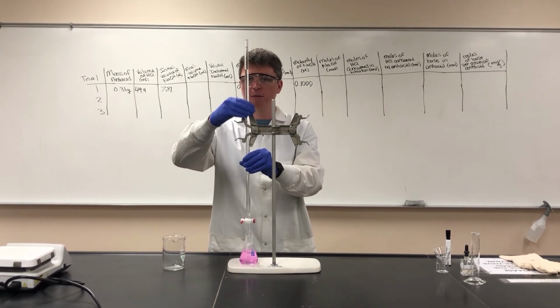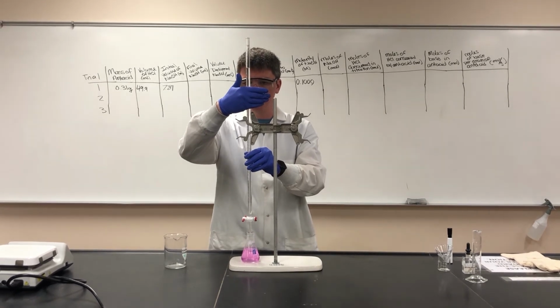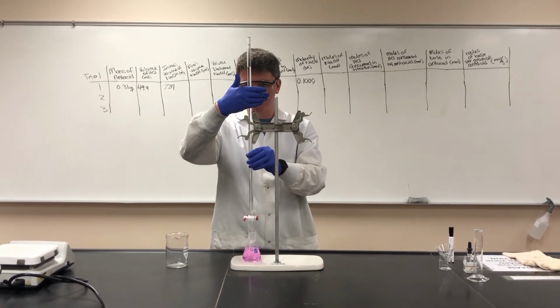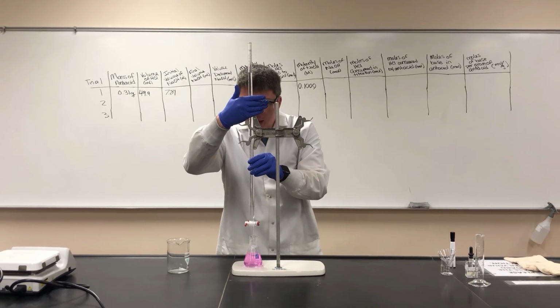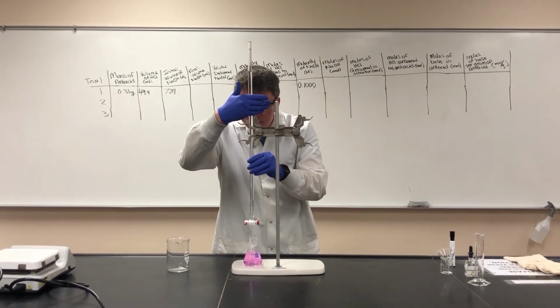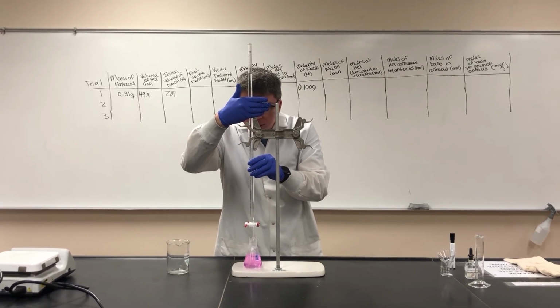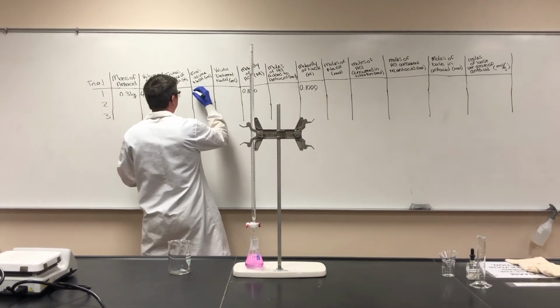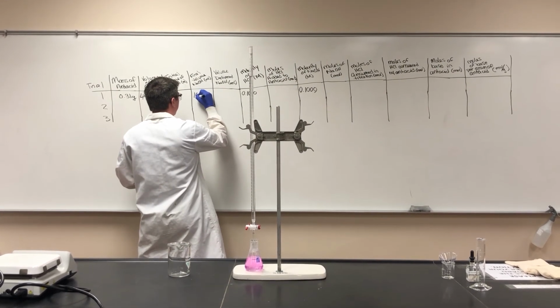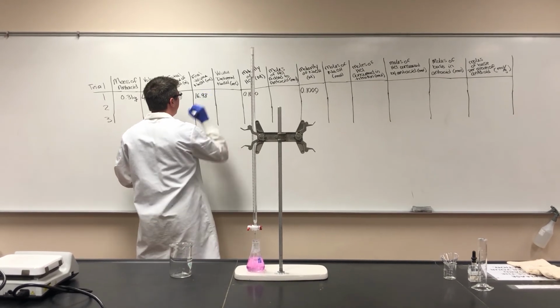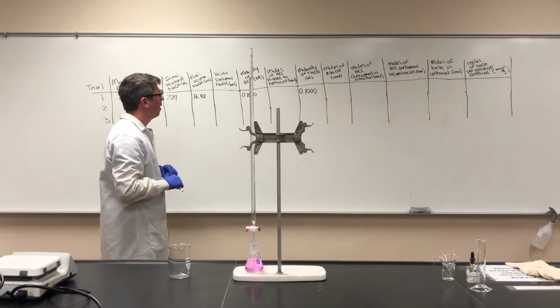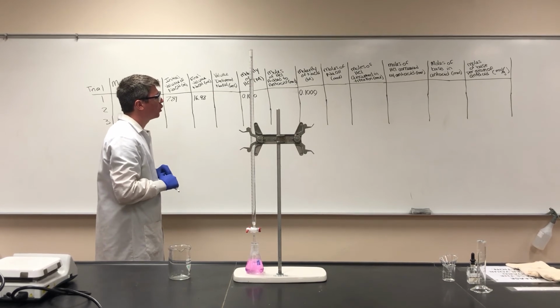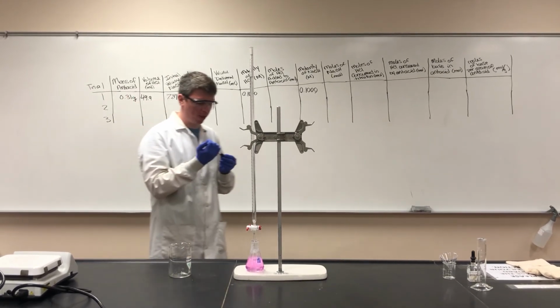So if I go ahead and record this volume, I'm at, let's see, 16.98, and at this point we should have all of our measured values to be able to do our calculation.